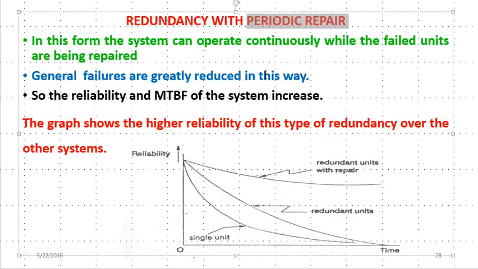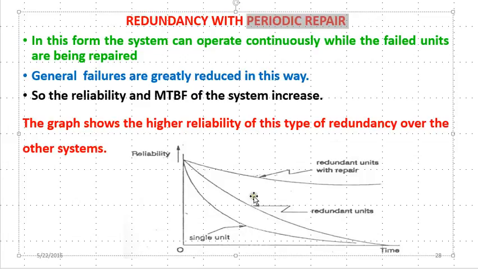By doing that, you are increasing the reliability by making the devices or systems very much available at all times. So the general failures are reduced if there is periodic repair, and therefore the reliability and the mean time between failure are going to increase.